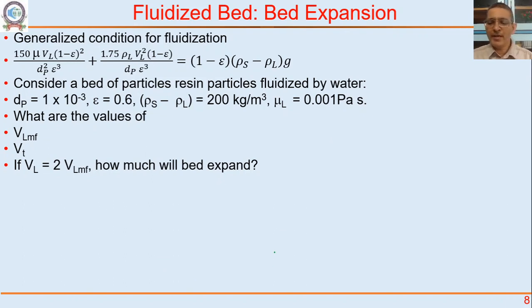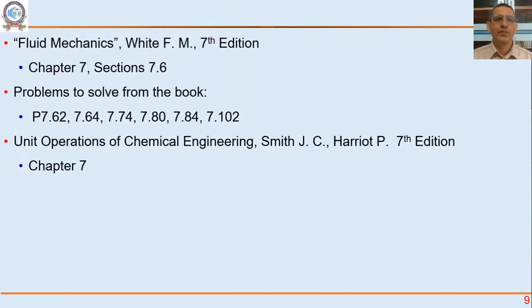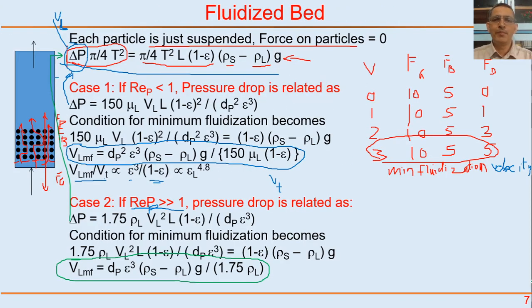Now, if I increase the velocity beyond this minimum fluidization velocity, suppose I make velocity 4, gravity force is the same, 10, buoyancy force is the same, 5, drag force now is more, let's say 8.